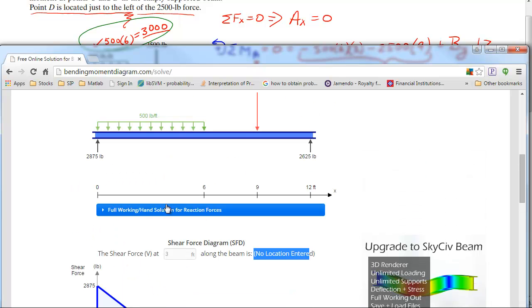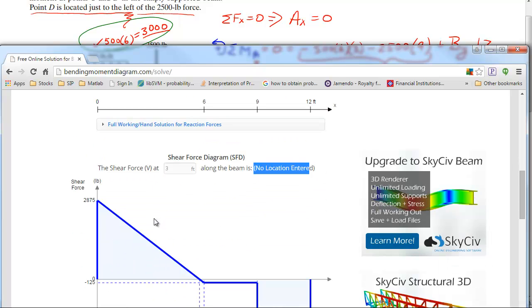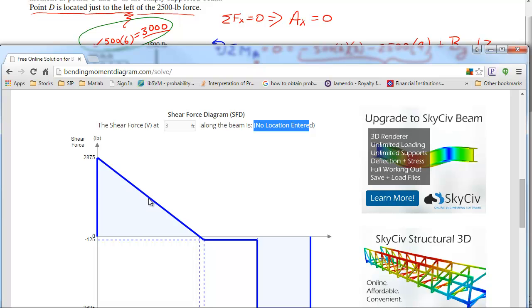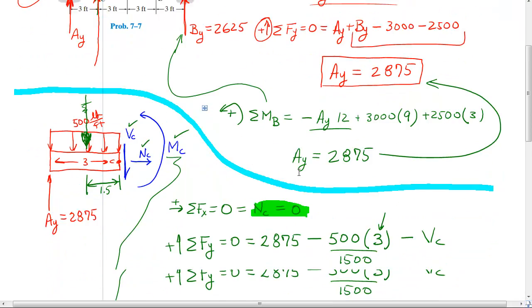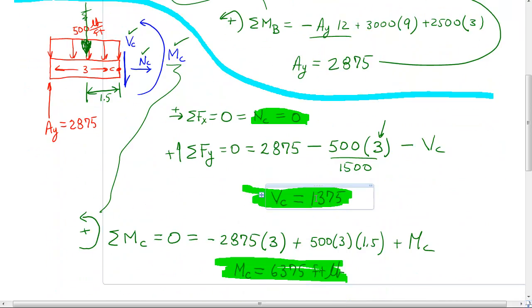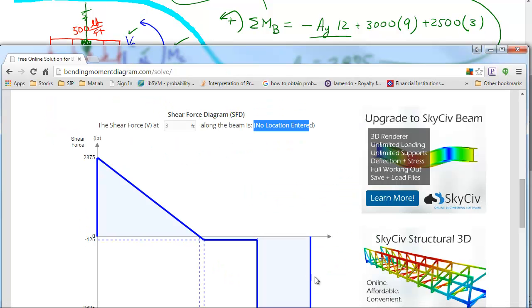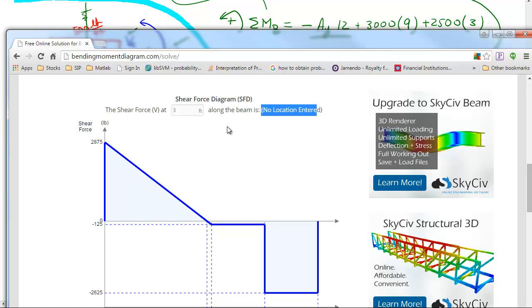So your key is to be able to draw right down the middle and get the value halfway in on the shear diagram. Let's see, what did we get for a shear there? 1375. That's about right, I would guess, if I had to look at this thing.